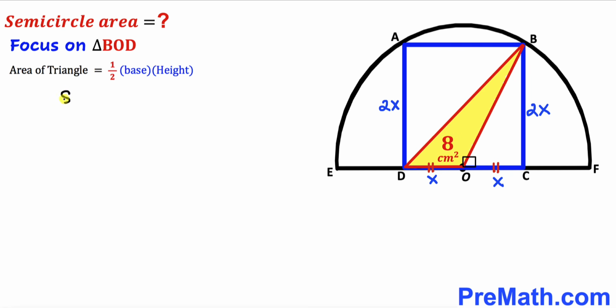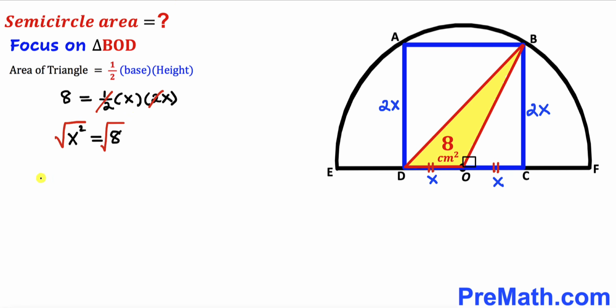So we got area as 8 equals a half times our base X, whereas the height is 2 times X. And here we can see 1 divided by 2 and 2 cancel each other out. So we conclude that X times X, which is X square, equals 8. And now I'm going to undo this square by taking the square root on both sides.